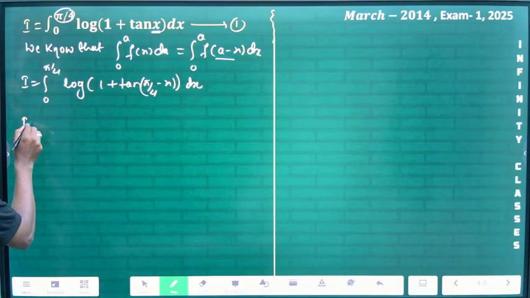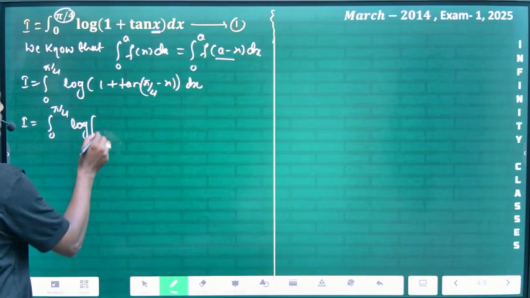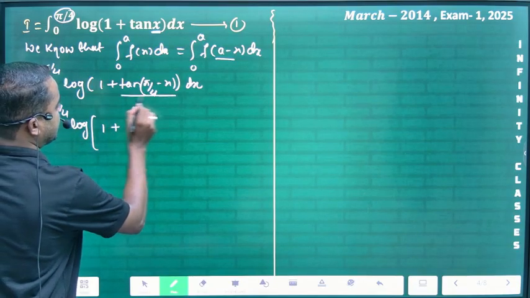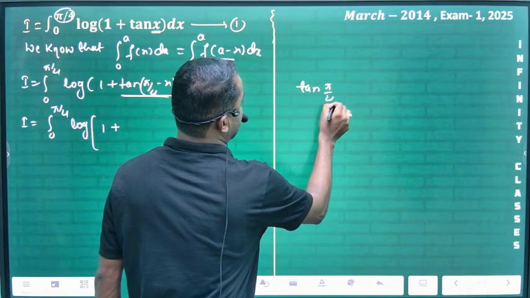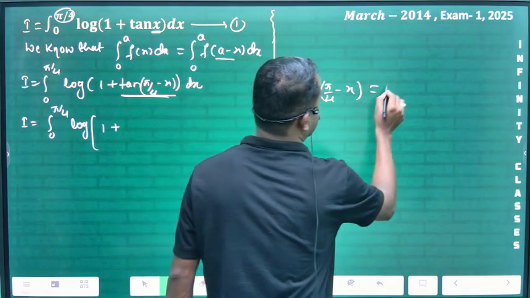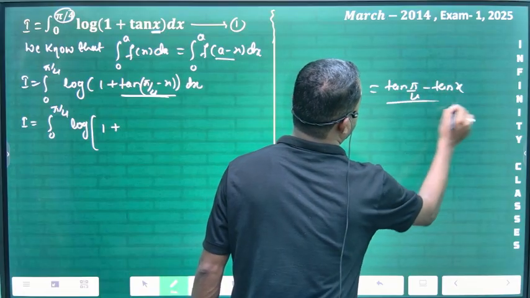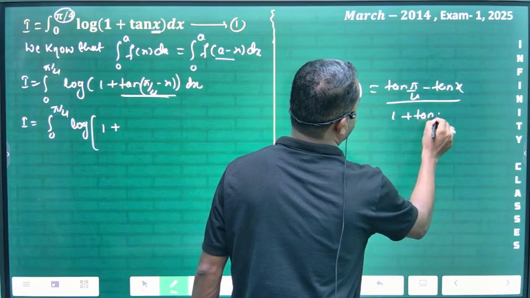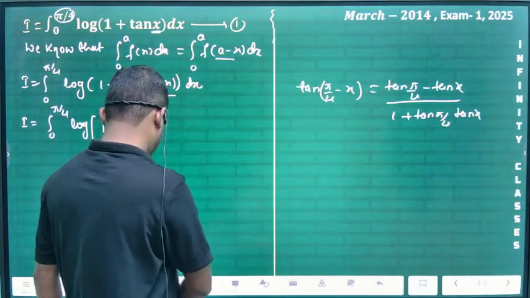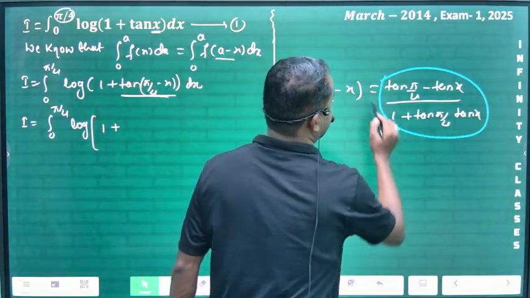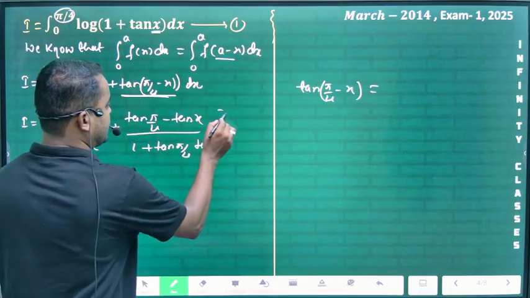Now we apply the tan a minus b formula: tan of 5 by 4 minus x is equal to tan 5 by 4 minus tan x, divided by 1 plus tan 5 by 4 into tan x. We apply the tan a minus b formula for this step, and I am writing it here separately, with dx.